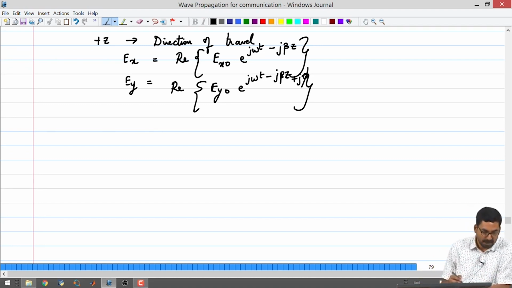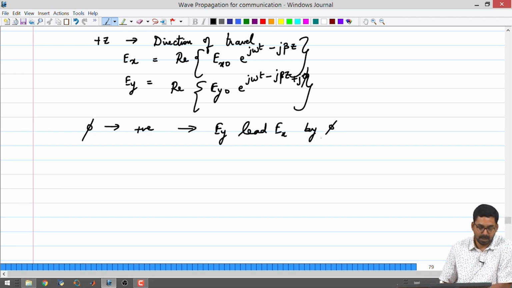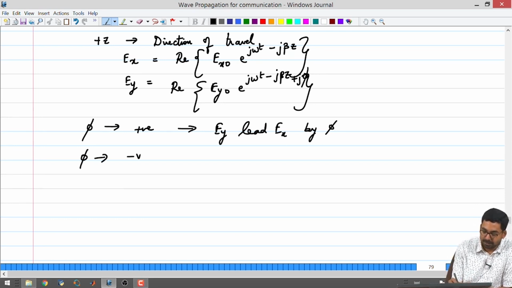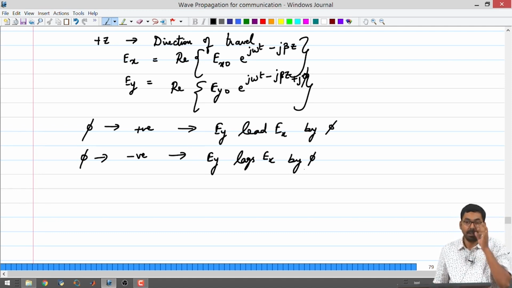Similar to electric circuits, if phi is positive, Ey leads Ex by phi. If phi is negative, Ey lags Ex by phi. Very similar to AC circuits, where you have some phase between voltage and current, and you say voltage lags current or current lags voltage. Similarly, Ex and Ey can have a phase between them.